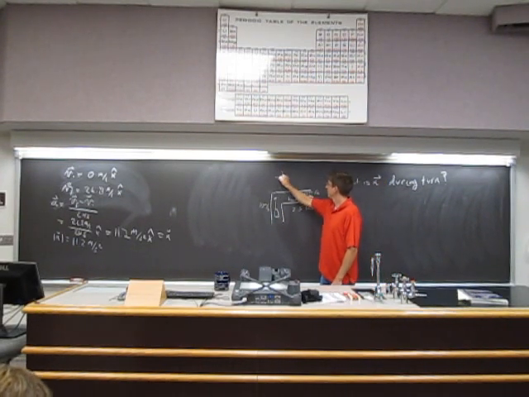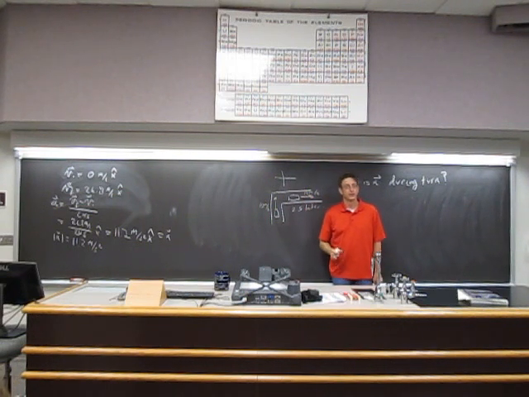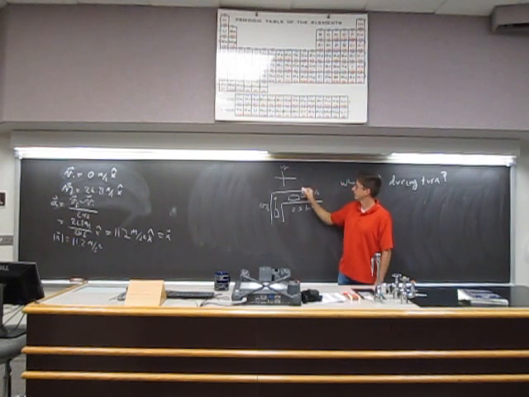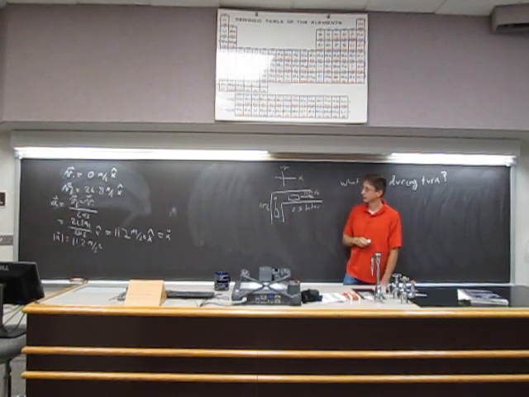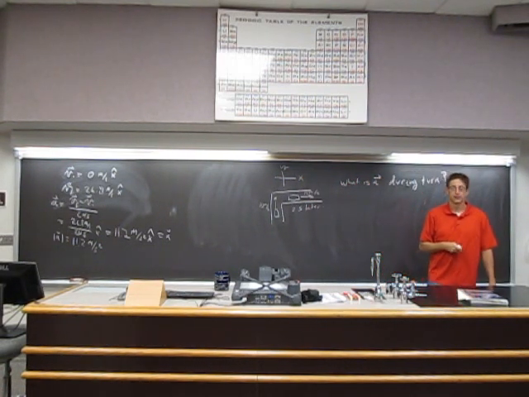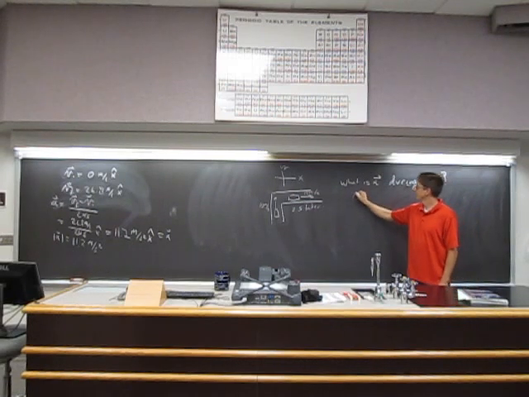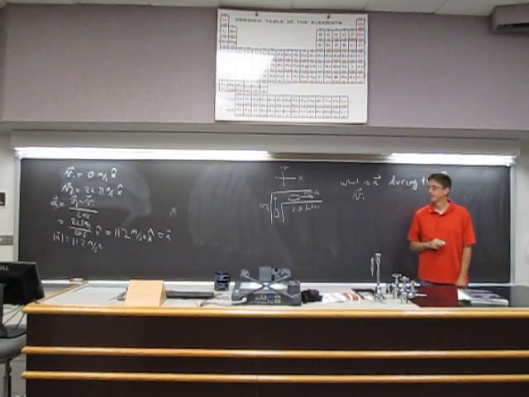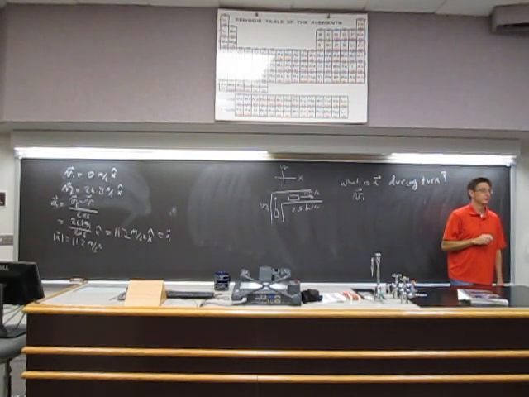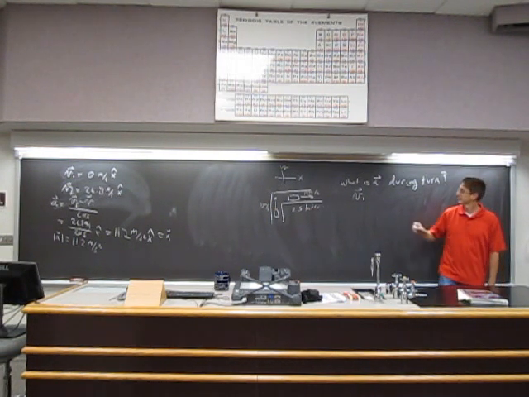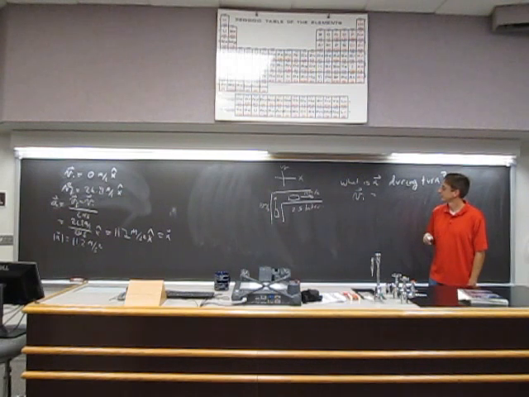Let's introduce a coordinate system. So upwards we'll call y as it's drawn, and over we'll call x. So what's the initial velocity vector? 10 meters per second in the y direction, right?